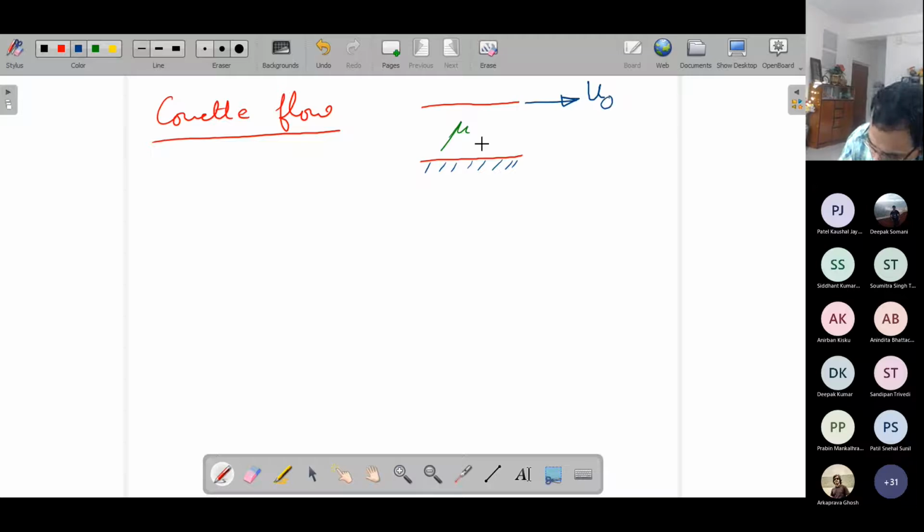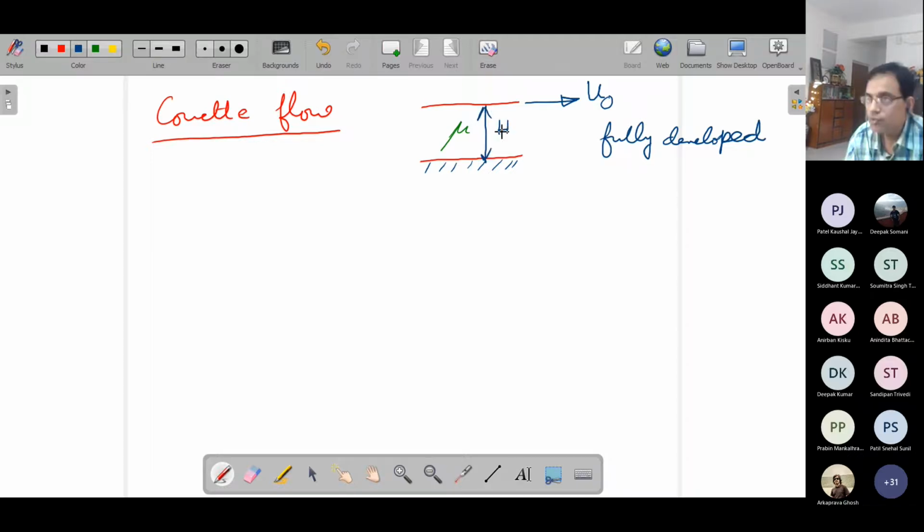Okay. So it is assumed that the plate is sufficiently long so that we are into the fully developed region. As I have discussed earlier, what is meant by fully developed flow. So that is something which is happening here.